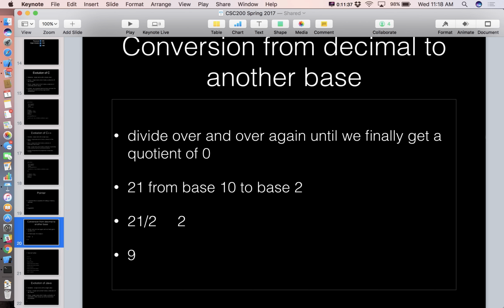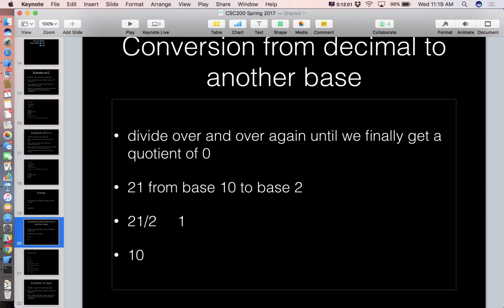Well, we know that if we're dividing something by 2, you can't have a remainder of 2. If you had a remainder of 2, that actually means the quotient should be 1 bigger than it was. So in this case, 2 goes into 21 10 times. 10 times 2 is 20, and we have 1 left over to get us to 21.